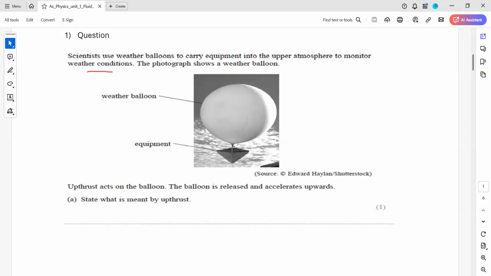So upthrust is the upward force applied by the fluid due to displacement of fluid by the object. So how much fluid is displaced by the object, the weight of that fluid, that also refers to the upthrust.